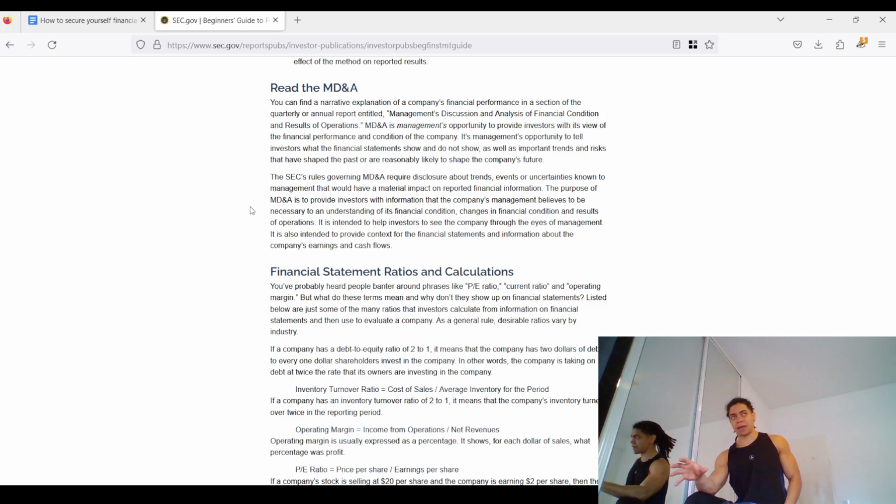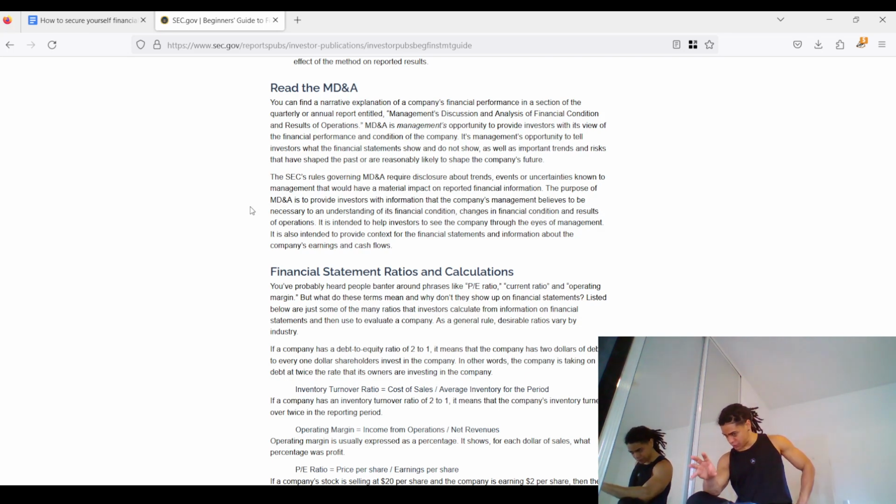So things like macroeconomic trends, as well as jurisdiction laws that might change how the company is affected by the taxes imposed by a particular jurisdiction or country, as well as other factors.